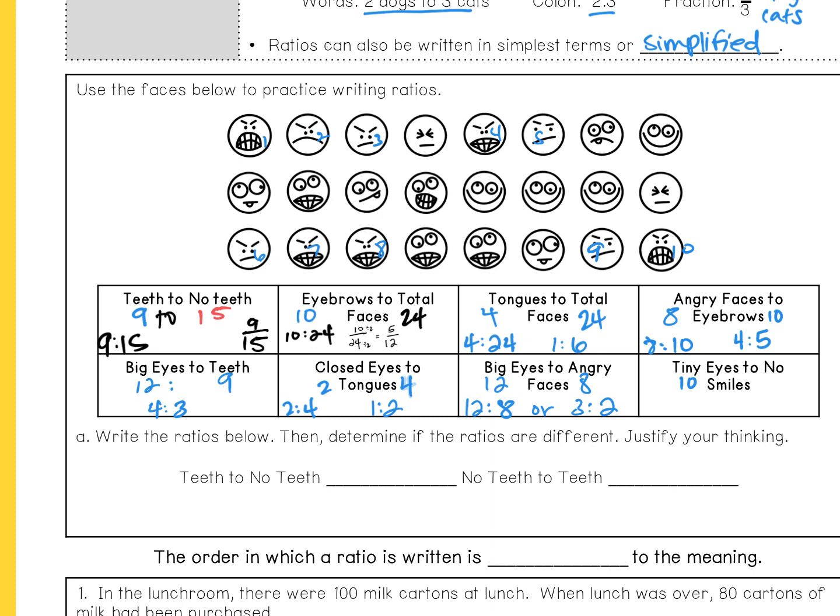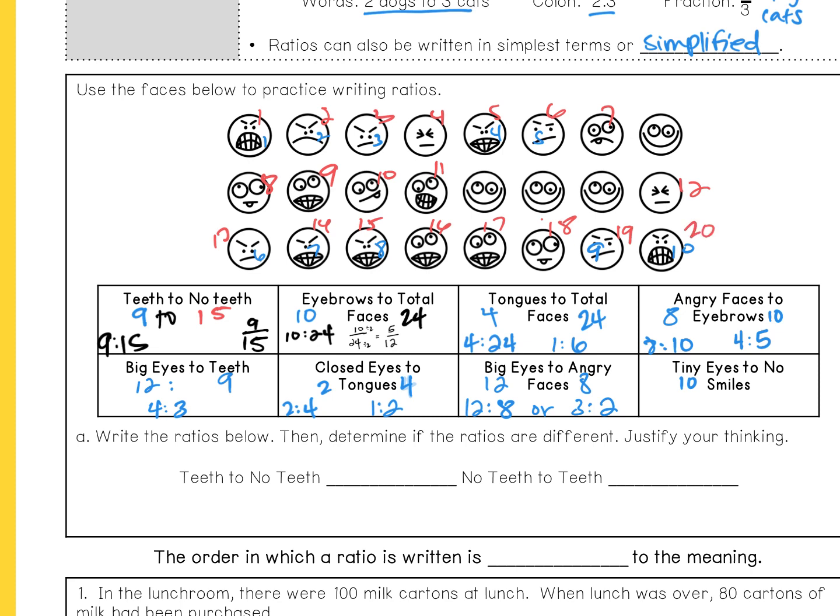So my no smiles are 1, 2, 3, 4, 5, 6, 7, 8, 9, 10, 11, 12, 13, 14, 15, 16, 17, 18, 19, and 20.